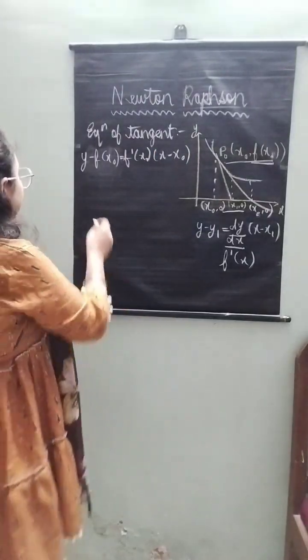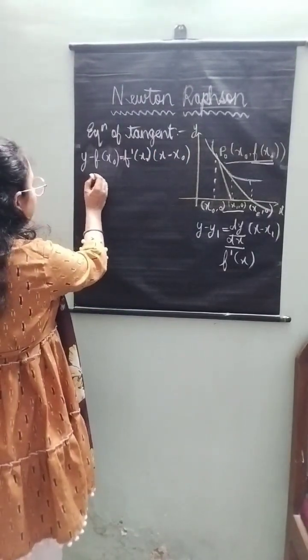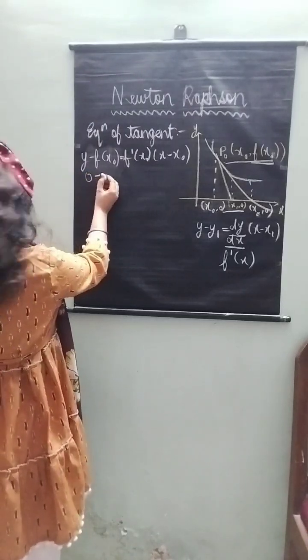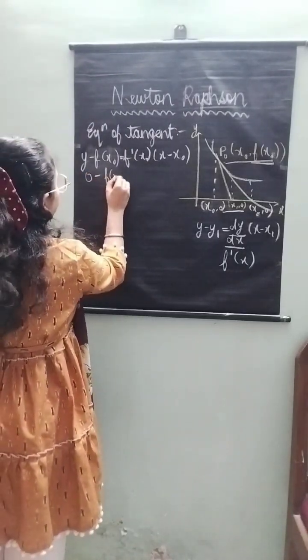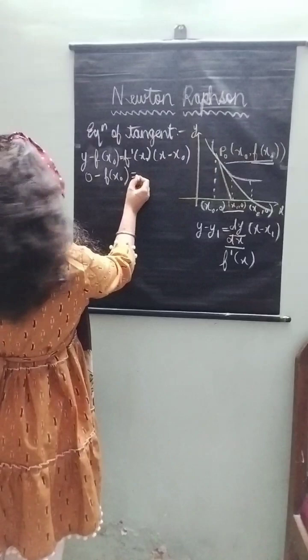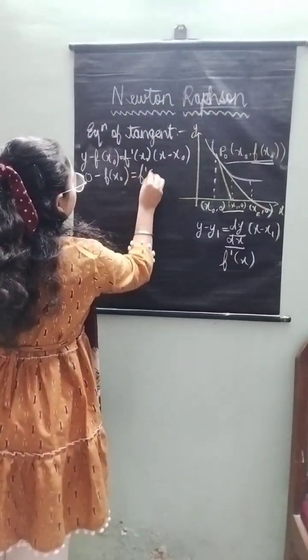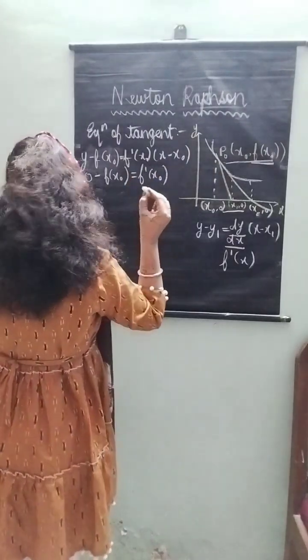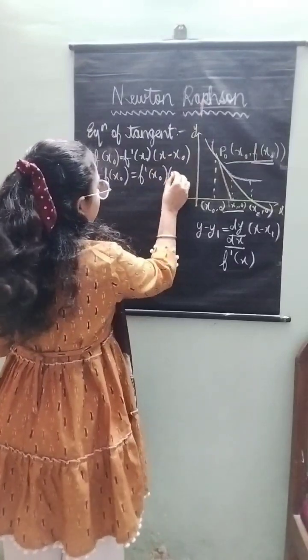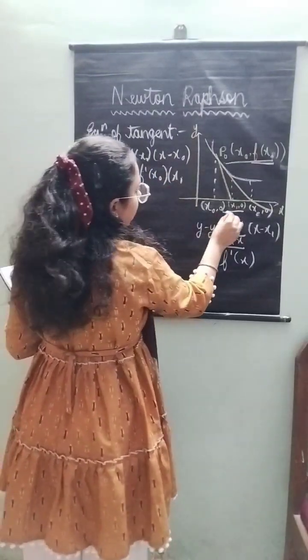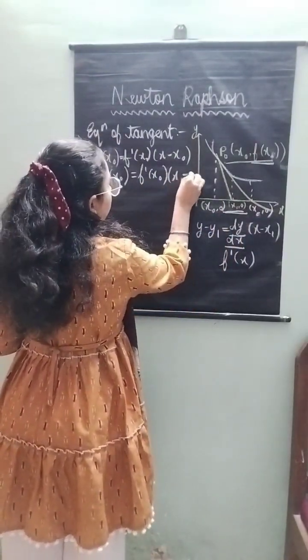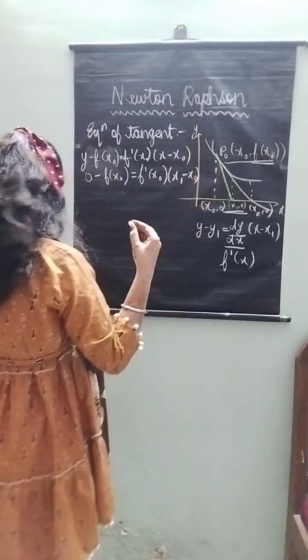Next, here y is 0, so 0 minus f of x0 equals f dash of x0, and in place of x it will be x1, because we are taking it for this, so x1 minus x0.